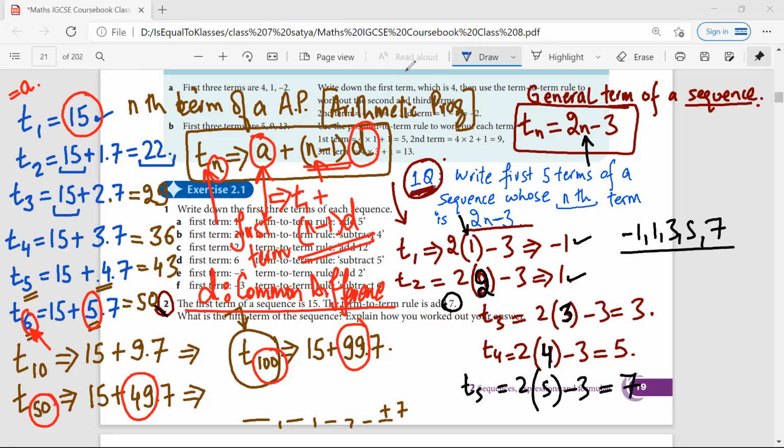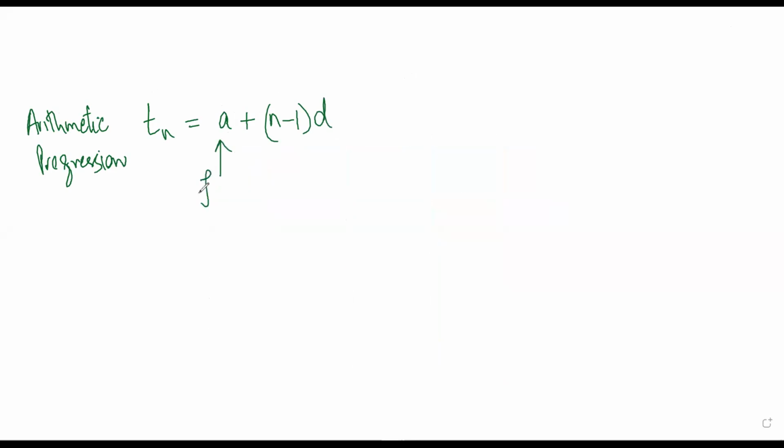So my formula of nth term is applicable for an arithmetic progression. So nth term is A plus n minus 1 into D. What is A? A is my first term. Can also be denoted as T1.